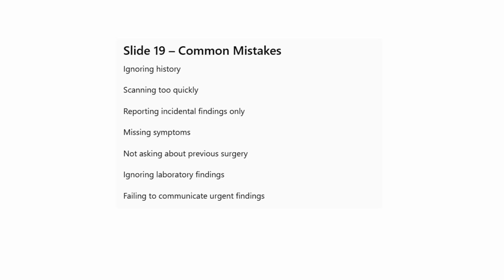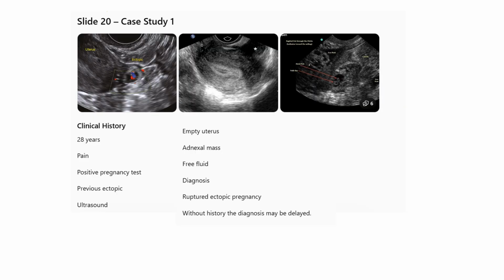So the common mistakes that are made: ignoring the history, scanning too quickly, reporting incidental findings only, missing symptoms, not asking about previous surgery, ignoring laboratory findings, failing to communicate urgent findings. So, case study 1.